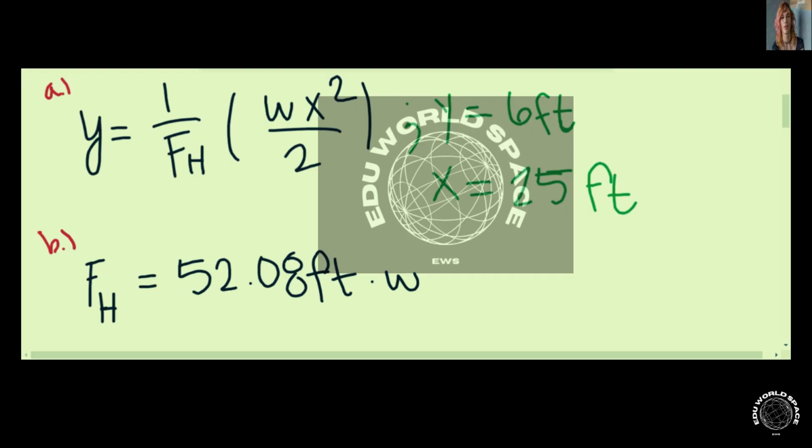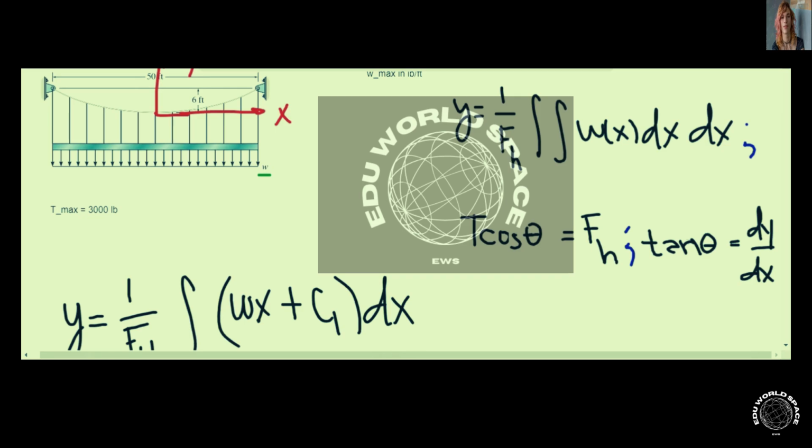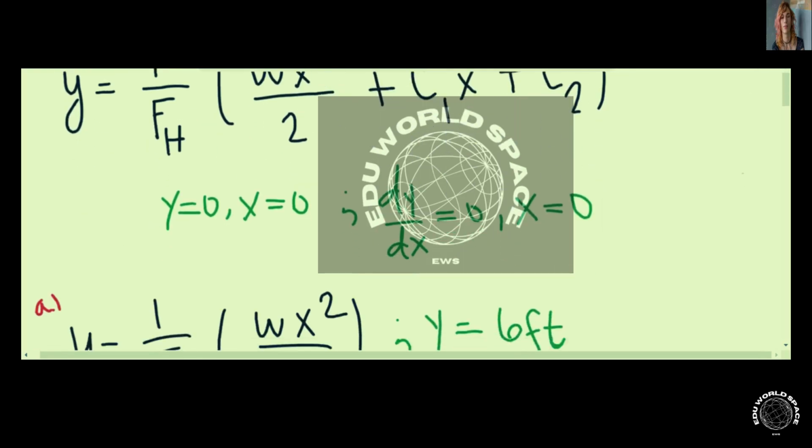So now that we have equations A and B, we are going to set aside equation B for now and solve for the maximum angle using the equation tangent theta equals dy/dx. Now dy/dx, as you should know, is y prime.